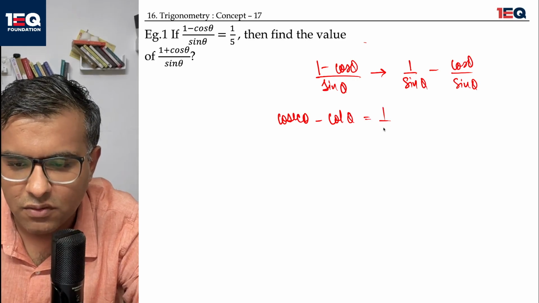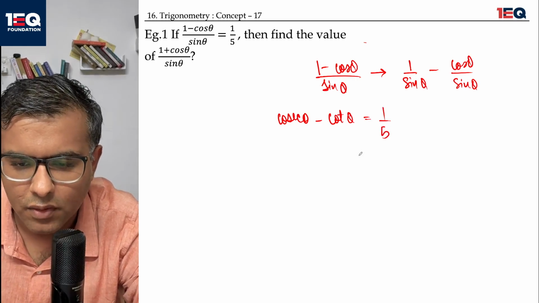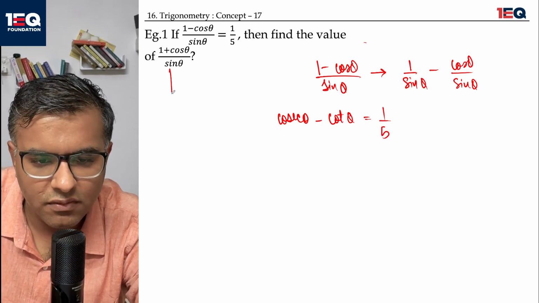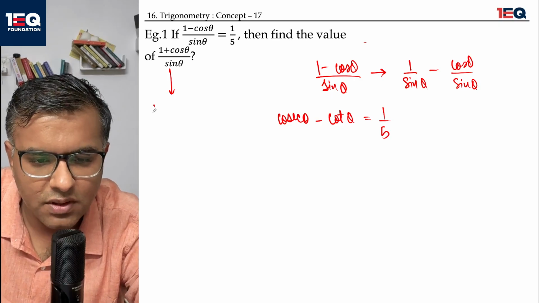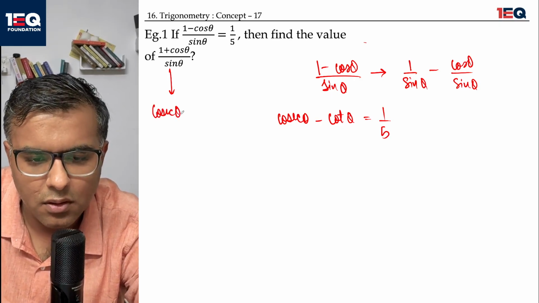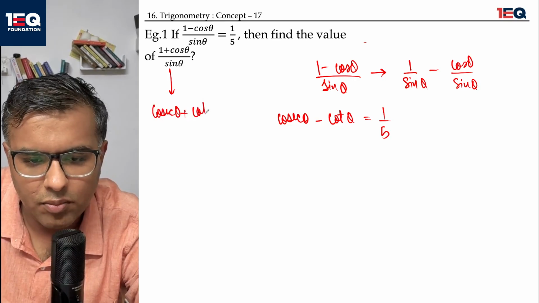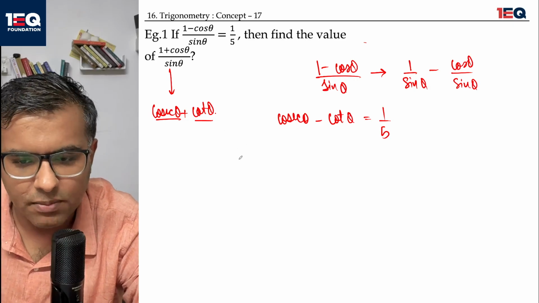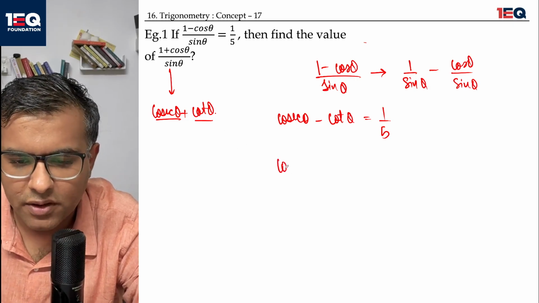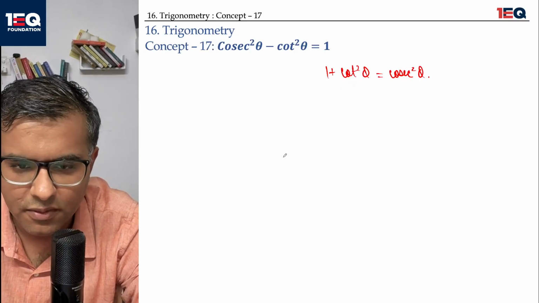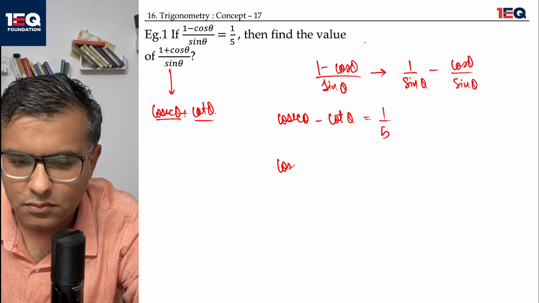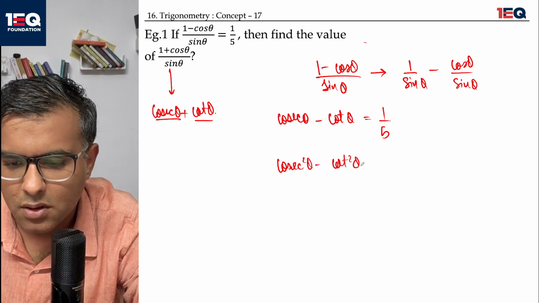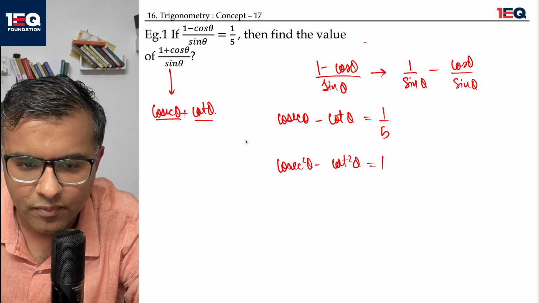If this is 1 over 5, I need to find out the value of, let me break it down as well, cosec theta plus cot theta. And I already know from this particular formula that cosec square theta minus cot square theta is equal to 1.